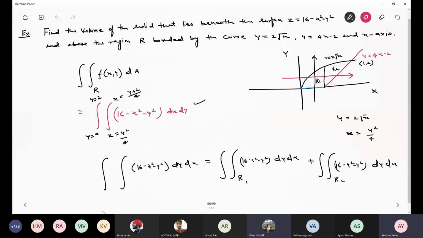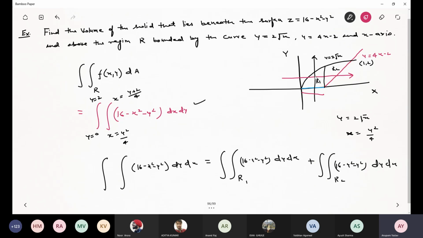So why is the second integral divided into 2 parts? Suppose I try to choose the limits of y. The lower bound of y is actually a collection of 2 functions. If I move from here to here, the lower bound of y is governed by this portion of the x-axis, that is y equals 0.